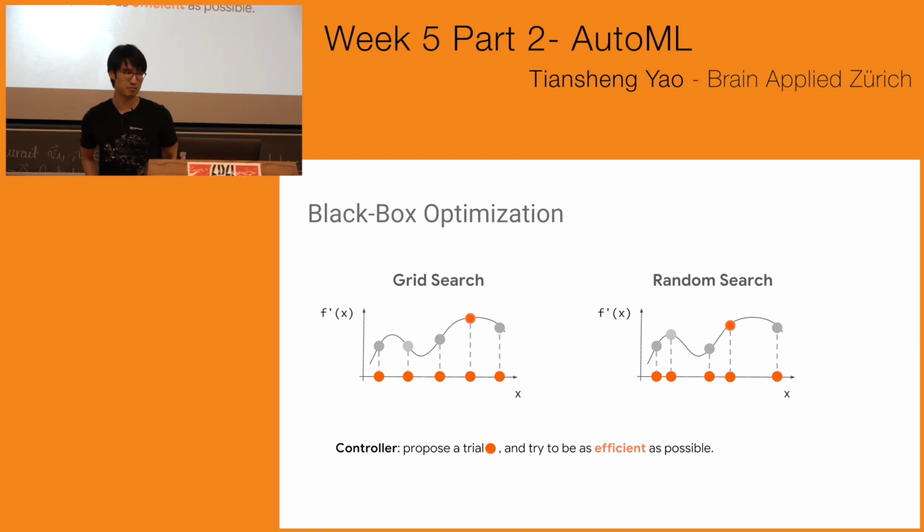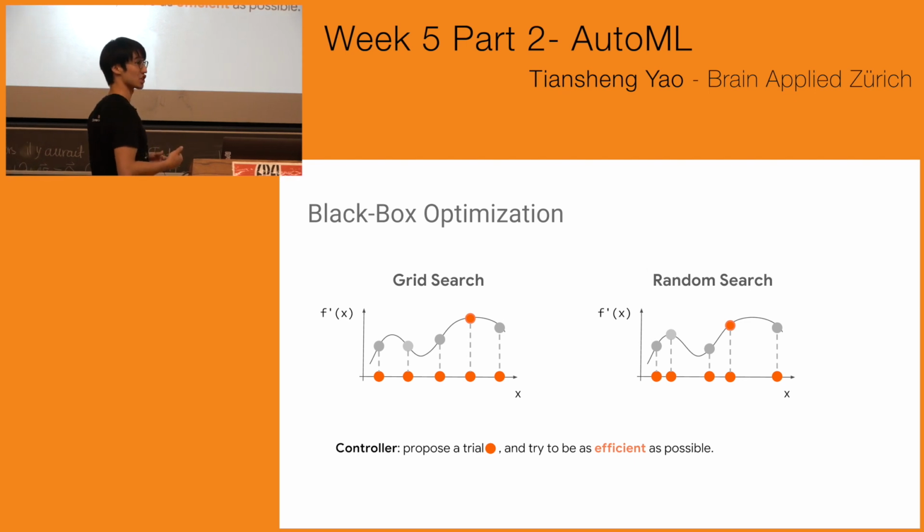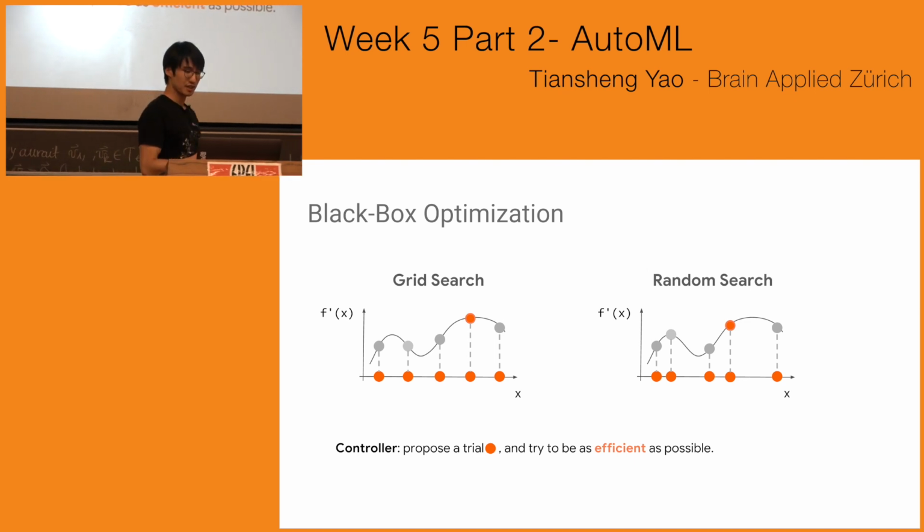In black box optimization, there are typically two very straightforward and simple methods to try. One is called grid search, the other is called random search. For example, here you are going to optimize a 1D function. The orange dot is a value you try, and the gray dot is the actual value you get when you feed it to the black box function.